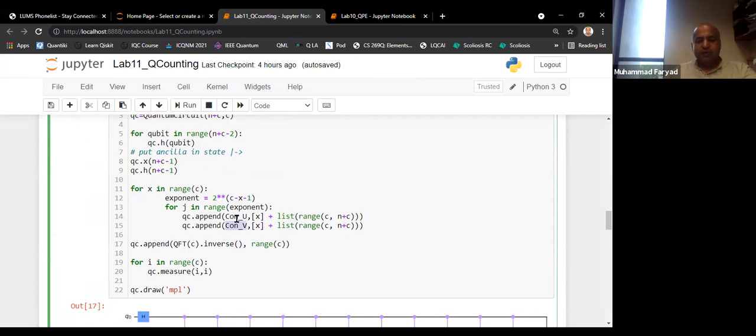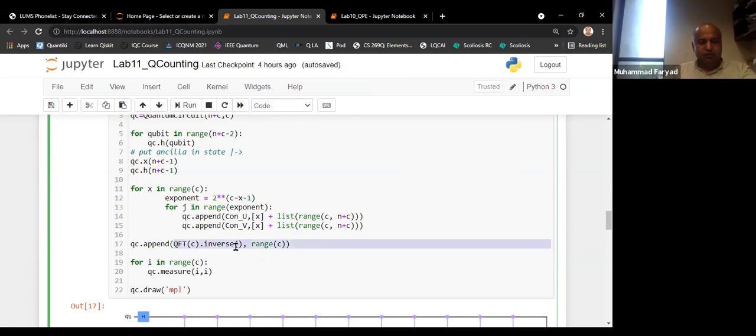Now, the way to specify control qubits and the target qubits is written here. So this first one is the control qubit, which is coming through this J, this X, and then C2n plus C are the target qubits, because this is a 5 qubit circuit that will be implemented on the last n qubits.